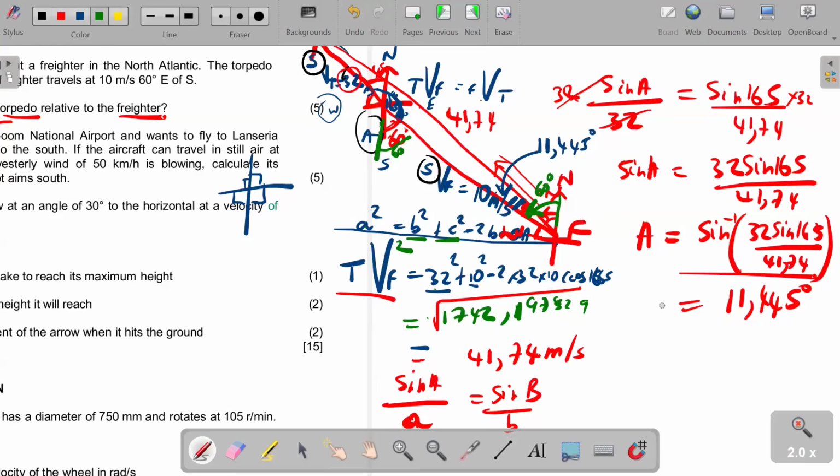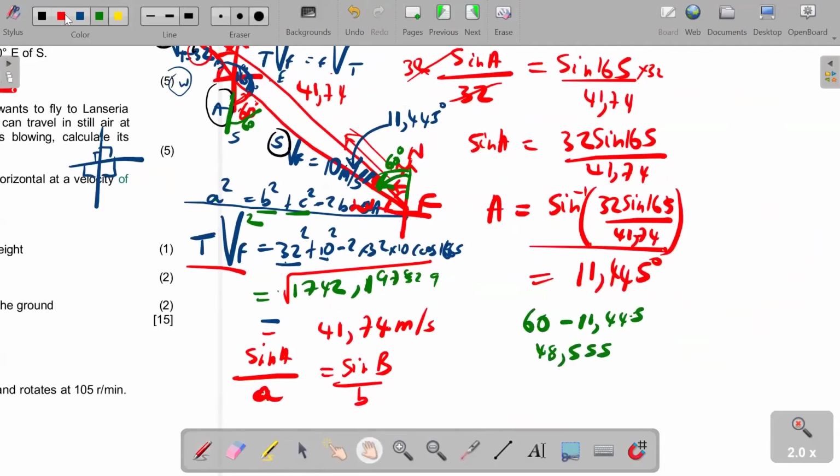So out of that 60 that we have, subtract the 11.445 that we have just determined. It means we are left with 48.555. What is that one? That's the angle remaining, this one. So we now have our direction. What is then our direction?